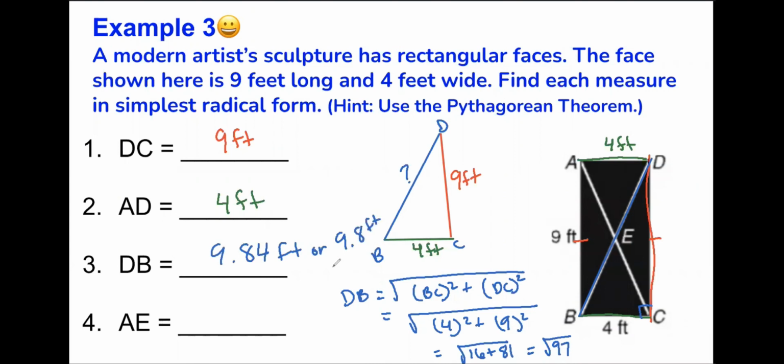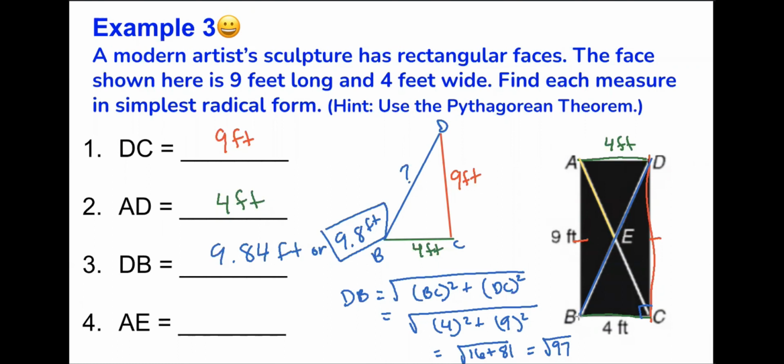9.8 feet. All right, so here comes a tricky question. My tricky question is that we have to find the measurement of AE. Now, you guys must be wondering, like, AE, how do we find that? We haven't done that before. Well, in the theorem of the property of rectangles, we said that if we had a parallelogram and it is a rectangle, then the diagonals are congruent to each other, right?